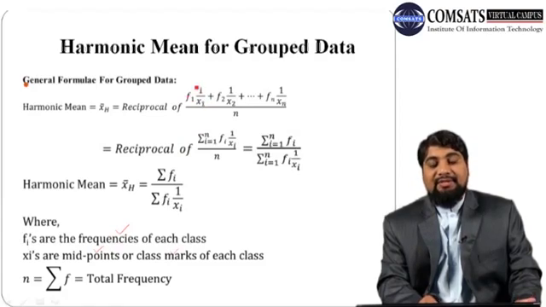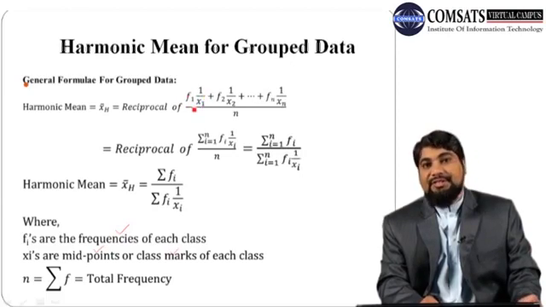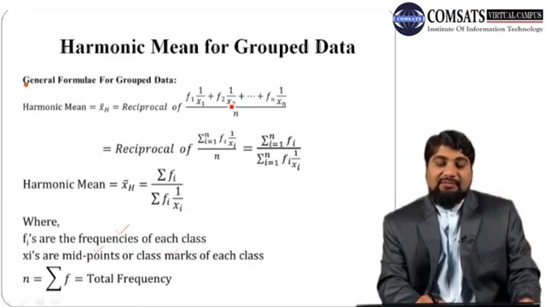These calculations are for the first class, and then for the second class in the grouped data, f2 is the frequency of the second class and x2 is the corresponding midpoint or class mark.